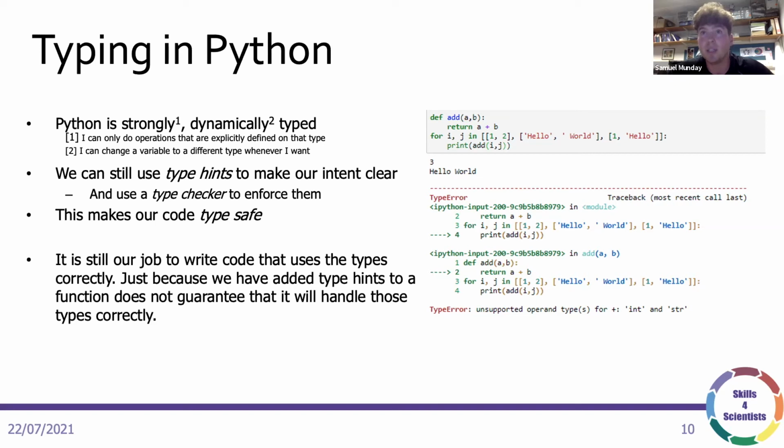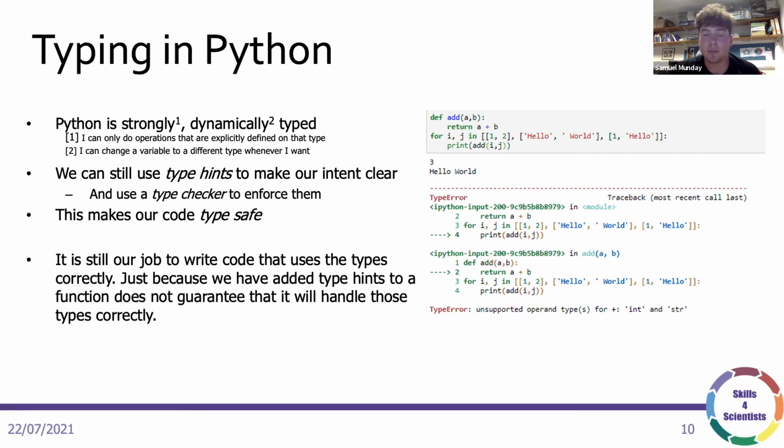If you have a variable of one type in Python and then you change it, you will always know that it's been changed from one type to another. This makes our code what's called type safe, and that's really important because your code won't lead you down the garden path to a place where you don't want it to be.